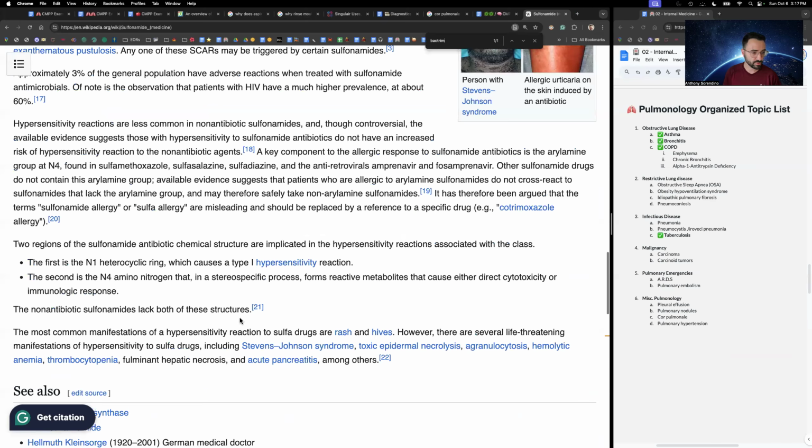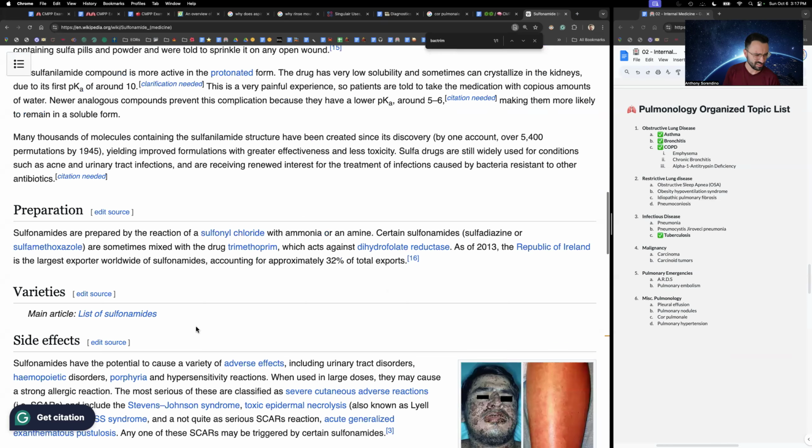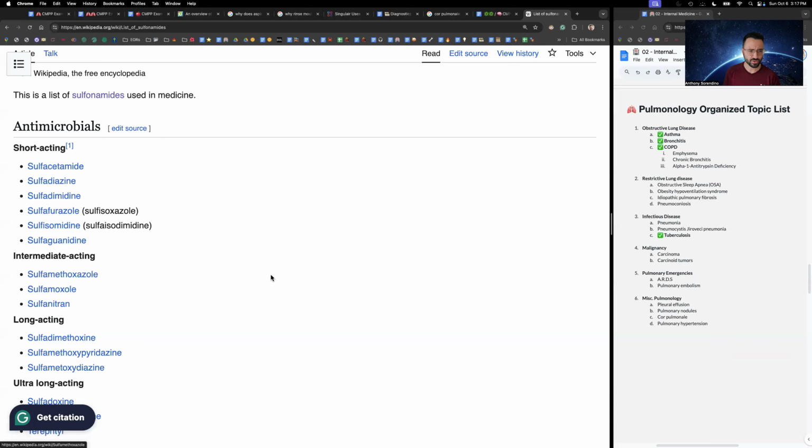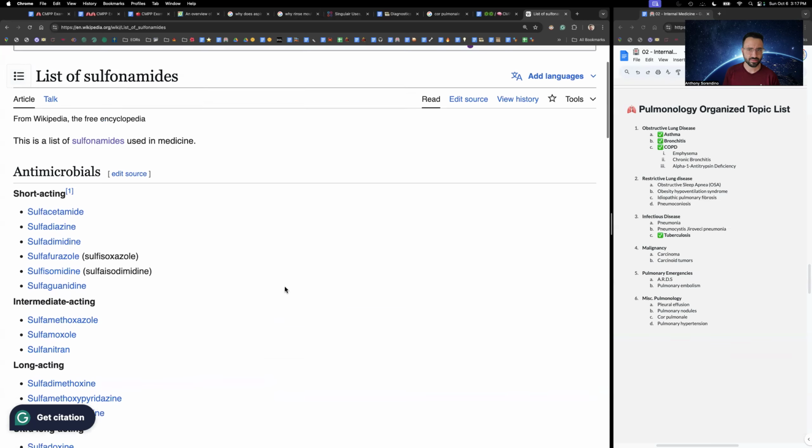Is this Bactrim? Are there examples? List of sulfonamides. Sulfamethoxazole. Yeah.